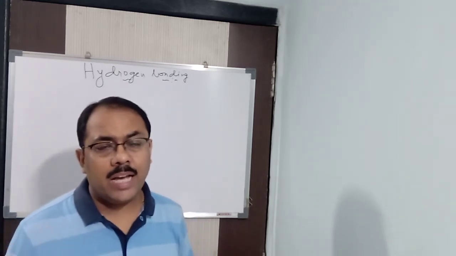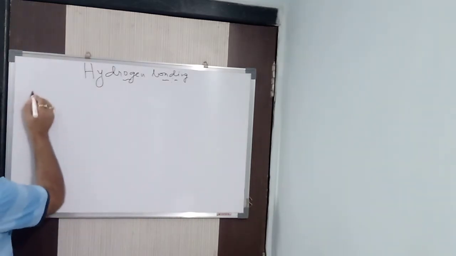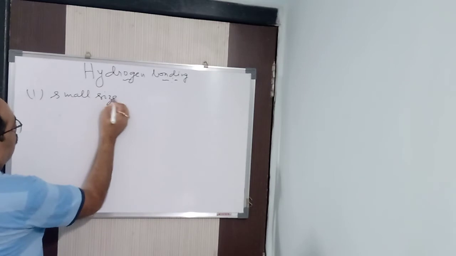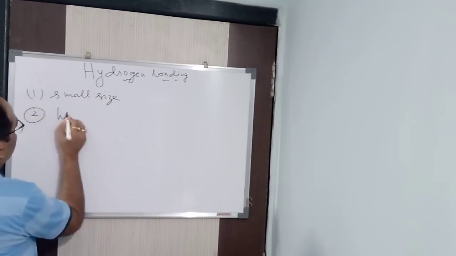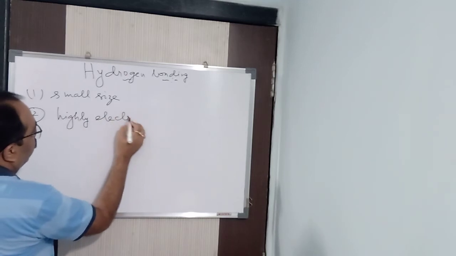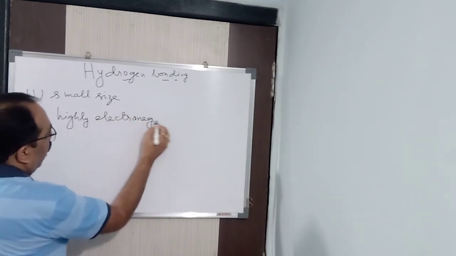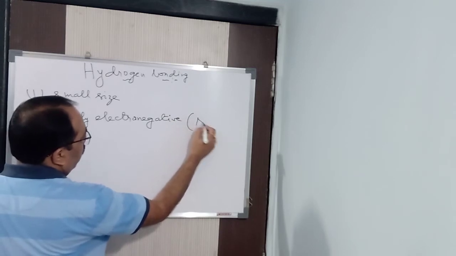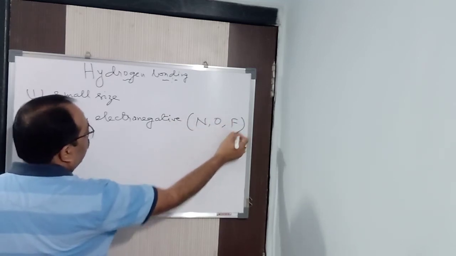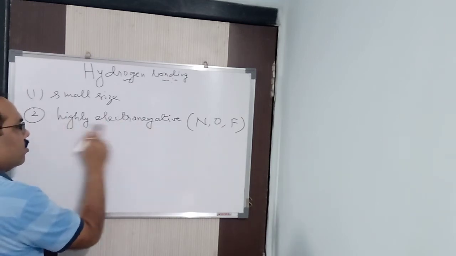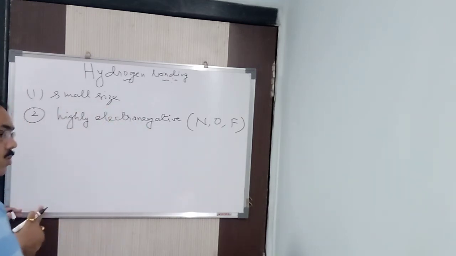So the first condition is small size and the second is high electronegativity. Which elements are these? Nitrogen, oxygen and fluorine. These elements are not only highly electronegative but also small in size.